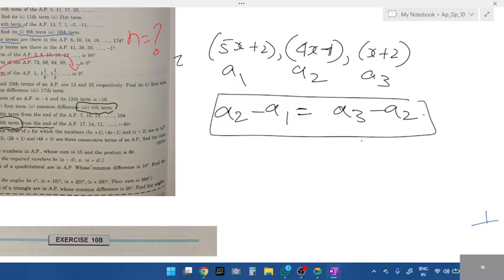A2 is 4x minus 1, minus 5x plus 2. Open the bracket, and the signs will change.